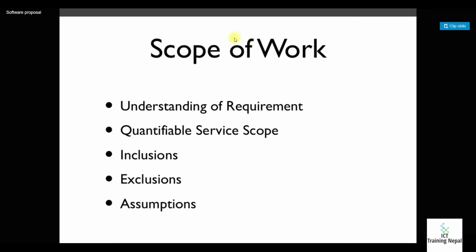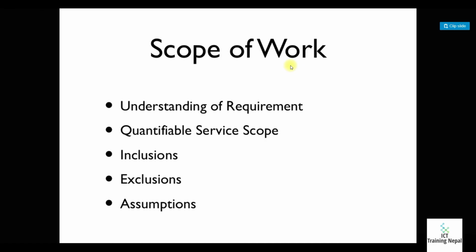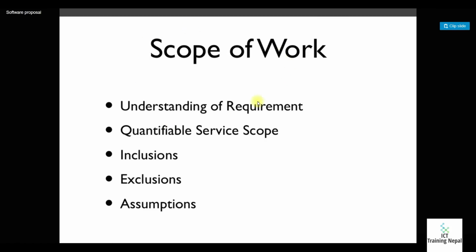Okay, so the scope of the work means, the scope is like a boundary. Within the boundary, those requirement things are some kind of boundary. You have a boundary of some scope, and in between that boundary you have to understand the requirement.